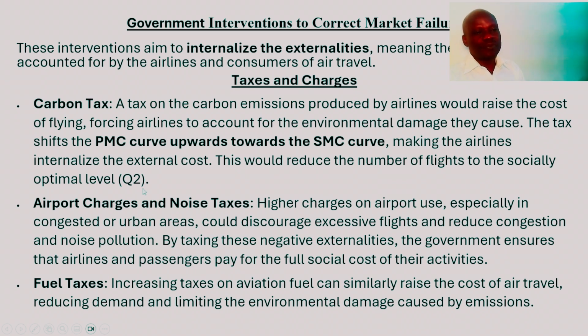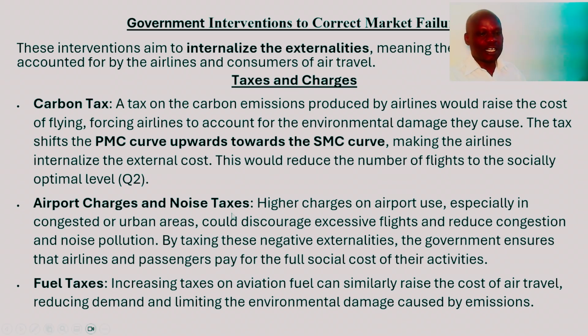So, what we are saying is that if a tax is imposed, this would reduce the number of flights that we see in the sky because prices shall have increased, and that particular level of output, the number of flights that we'll be observing in the sky, will be socially optimal. Actually, it will be a socially optimal level, a level that does not impose extra costs on the society.